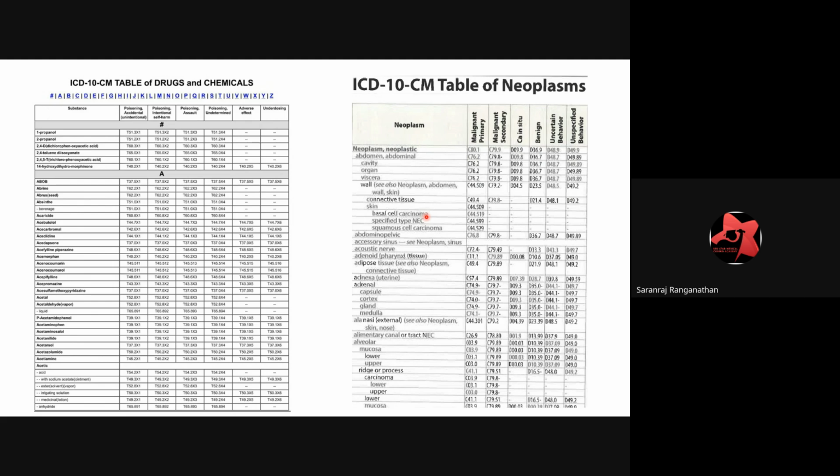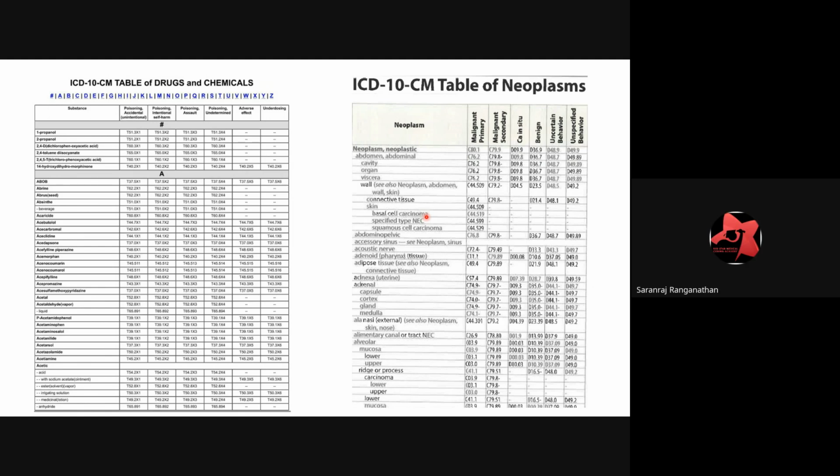Adverse effect means after using some drug, you get some kind of problem. Underdosing means I need to use more, but I don't use more. For example, morphine as a painkiller: if I give the correct level, my pain will be controlled. If I don't give the correct level, the pain will increase. That becomes underdosing.